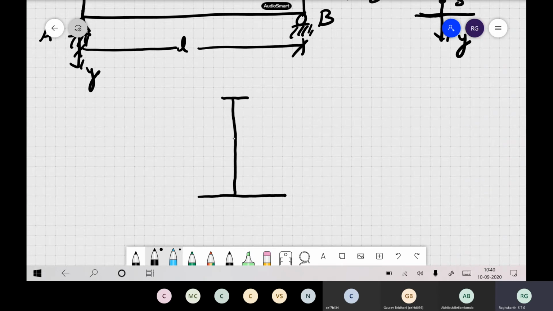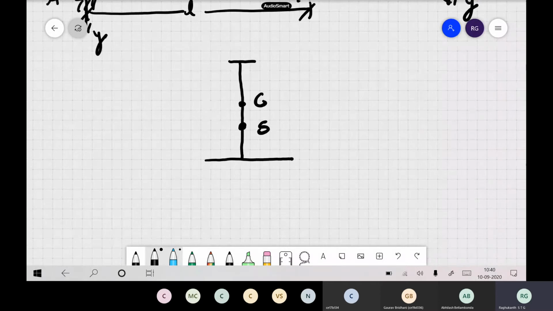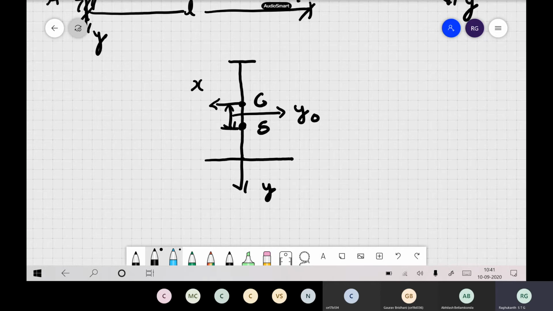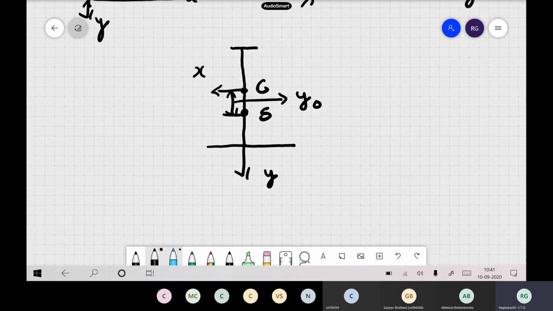The centroid is somewhere here, and my shear center is somewhere here. This is my axis X, Y. Let us say your shear center is at a distance of y naught from the centroid.